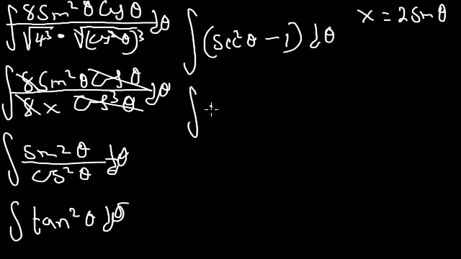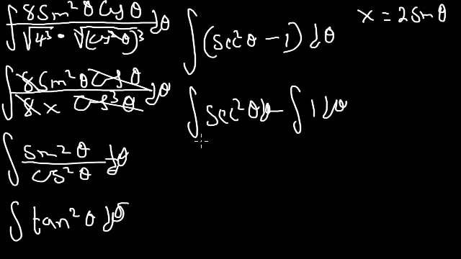So this would be the integral of secant squared theta d theta, then minus the integral of 1 d theta. The integral of secant squared theta is simply tan theta. Then minus the integral of 1, that will simply be theta. And this is the integration of your function.